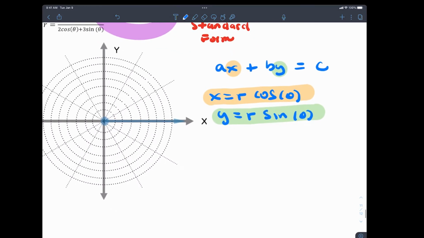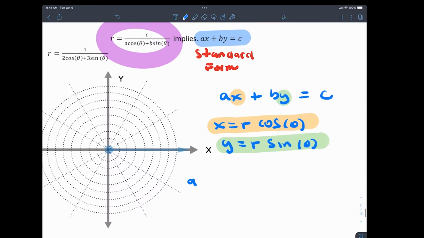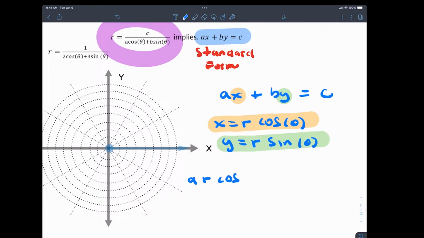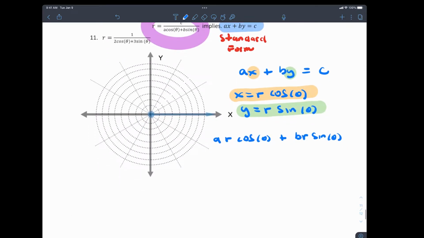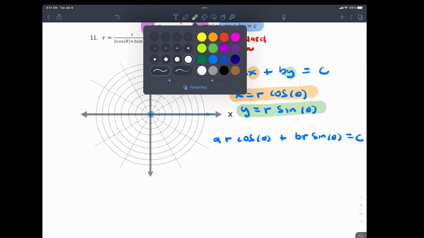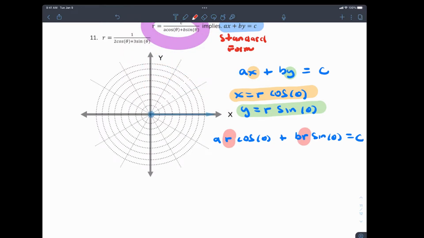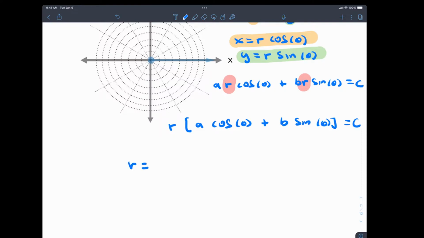So if I replace x and y, I get A r cosine theta plus B r sine theta, and of course that equals a constant C. Now focus on this r and factor r out. So r times A cosine theta plus B sine theta equals C. You can now solve for r, and you get C over A cosine theta plus B sine theta.